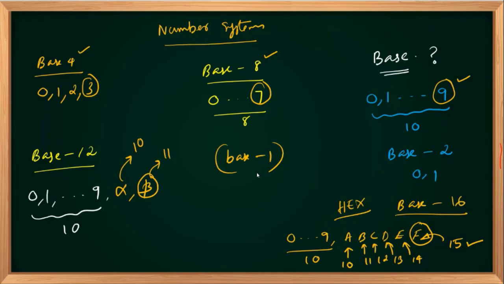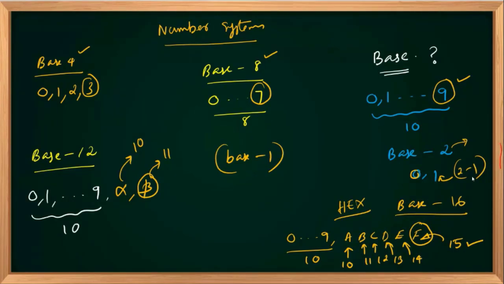In the binary system, we have two symbols only, 0 and 1, and base is 2. The highest symbol has a decimal equivalent of base minus 1, that is 2 minus 1, equal to 1. Base cannot be 1 or 0, because if base is 1 we have only one symbol, 0, and if base is 0 we don't have a symbol.